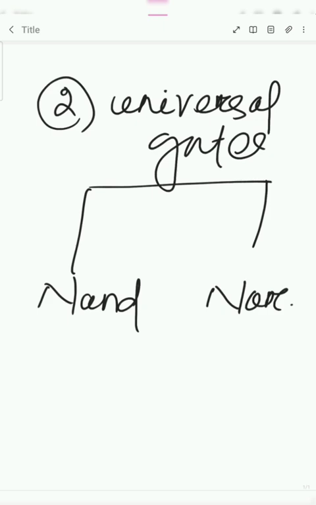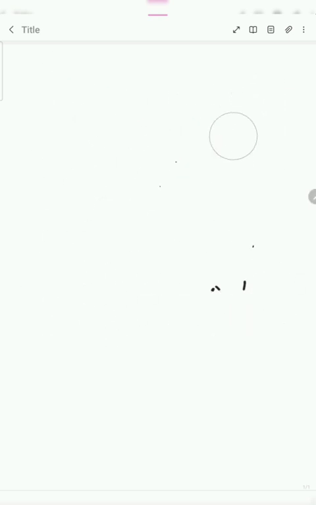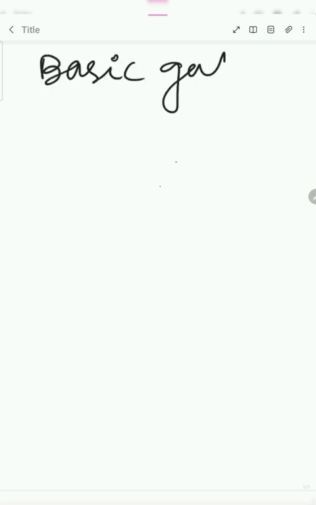Now we will see the logic symbols. First of all, the logic symbols of the basic gates. First, the AND gate.